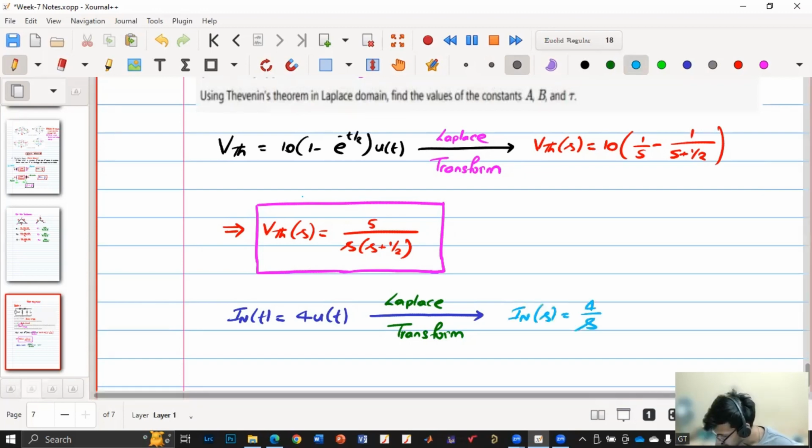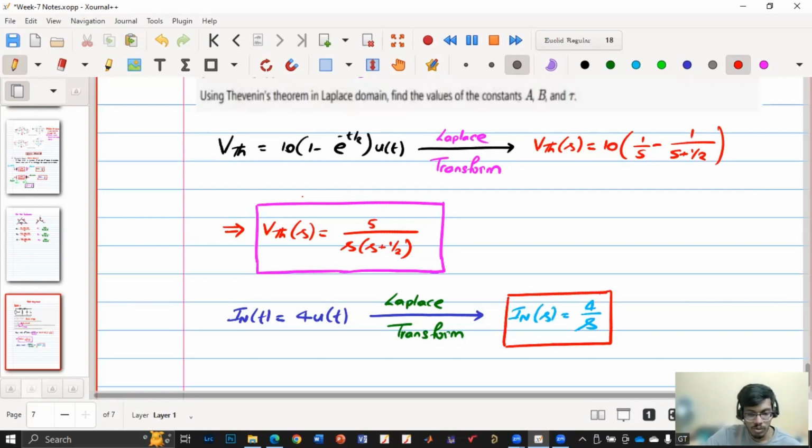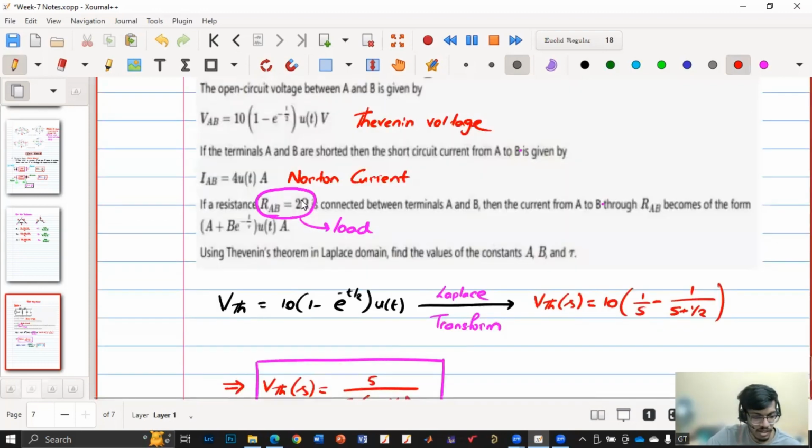So we have Thevenin's voltage and Norton's current. For us to solve this circuit, what else is needed? Either the Thevenin impedance, so that we can get an equivalent series network, and then we can solve. But here they have not given the Thevenin impedance. So how can we proceed?